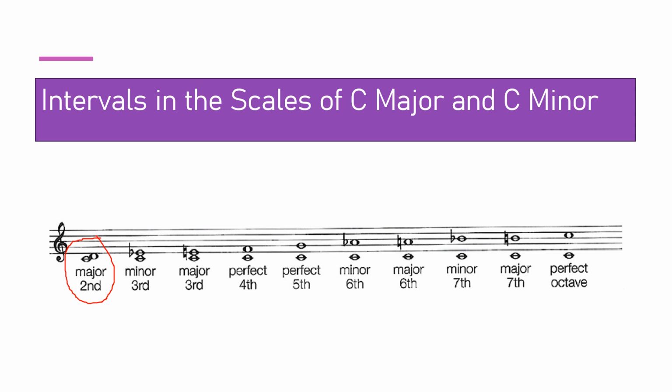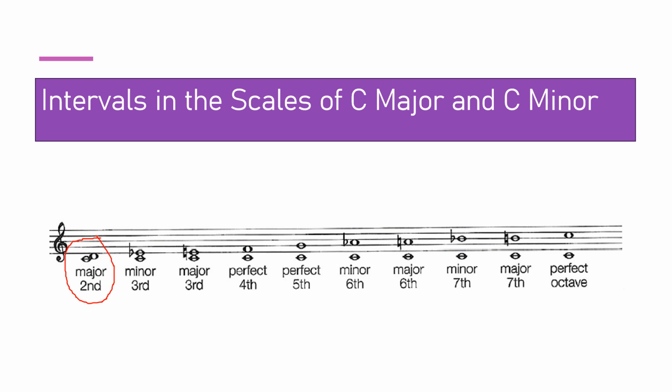The second degree for C major and C minor is D. So this is a major second. It's the same for both major and minor scales. I'm just using C major and C minor as an example. It's the same for every other major and minor scale: E major, E minor, A major, A minor.